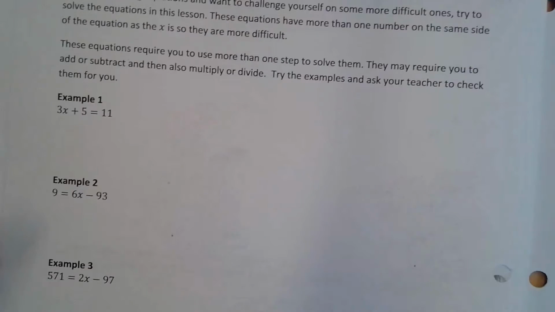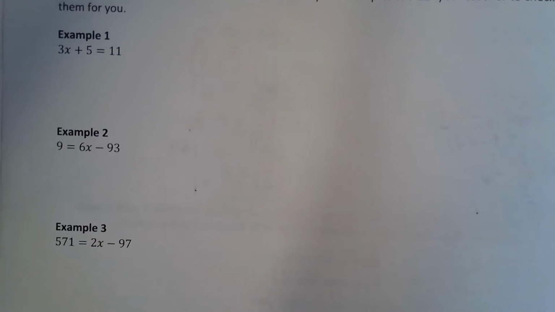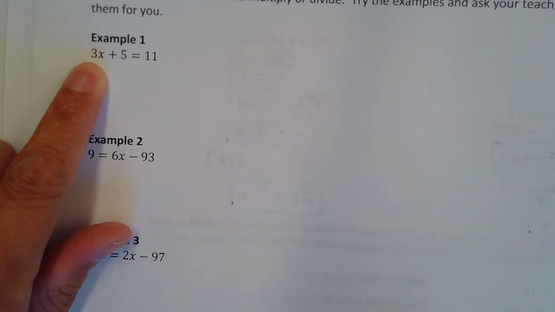Now, here's the thing. It's a multi-step equation, guys. So what do you see happen to the x? What operation do you see there? What do you see first? Times it by 3, right? What else do you see on that x?